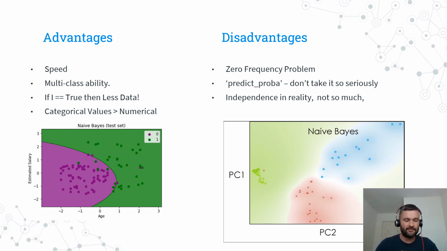A couple of the disadvantages, as previously discussed: the naive Bayes model can give a zero probability and won't be able to make any predictions if your test data set contains a categorical variable of a particular category that wasn't present in the training data set, so you'll have to employ some sort of smoothing approach to address this. I've already given you one method of that already.